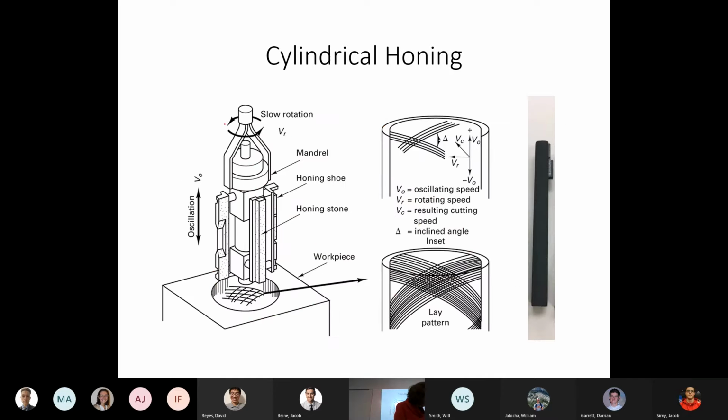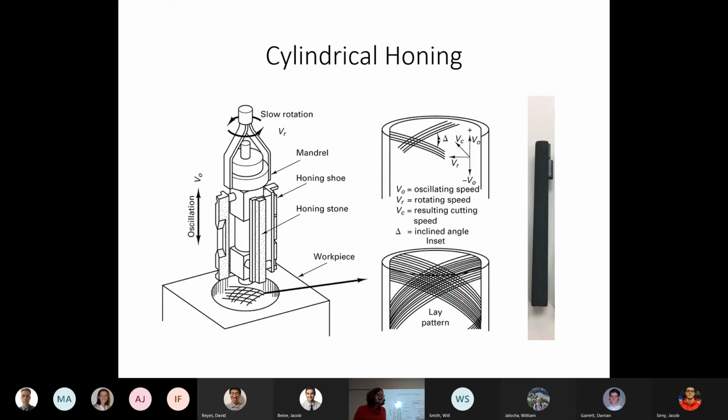So here is what the device would look like. We, again, see our honing stone, our workpiece, and as we move up and down, we start to get this cross-hatched pattern.